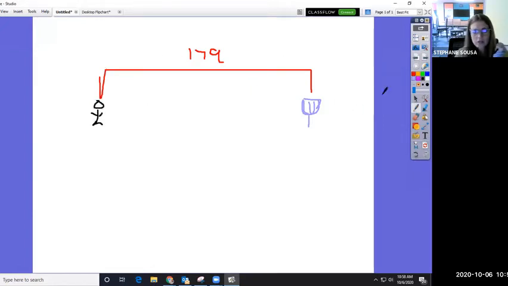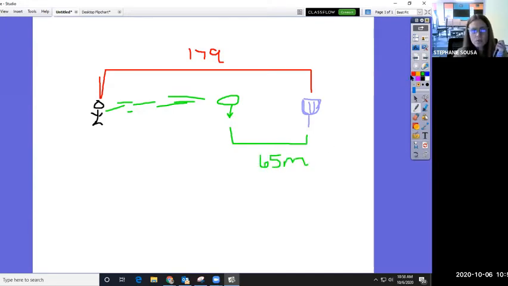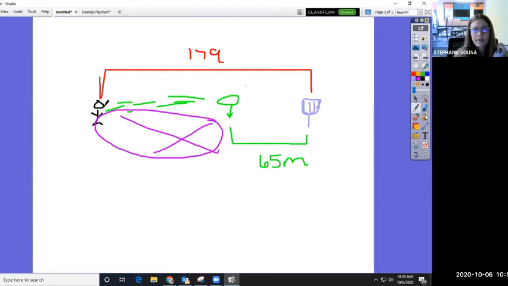So he started and he has 179 meters to go. He got his disc and he threw it. The disc landed right here and it only has 65 meters to go. So what we're doing is we are subtracting or getting rid of the distance that he already threw. The disc already went all this way. So we're going to get rid of it or subtract it.